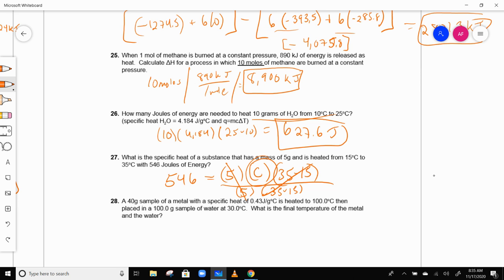We'll get C by itself, but we got to do it to both sides. So C equals 546 divided by 5 divided by 20. So 5.46. That's joules per gram degree Celsius.